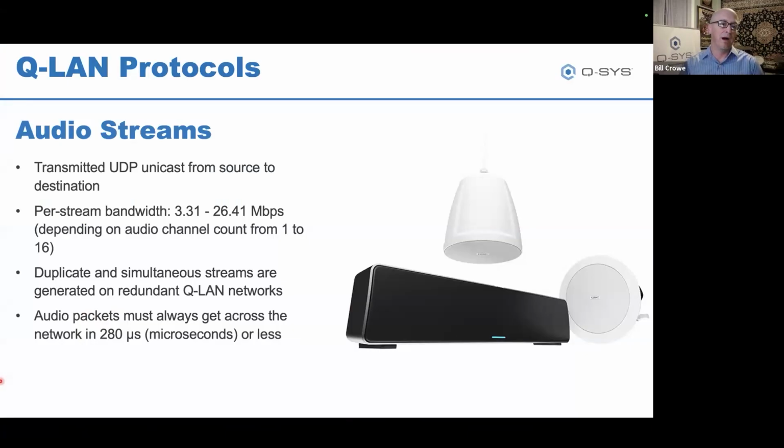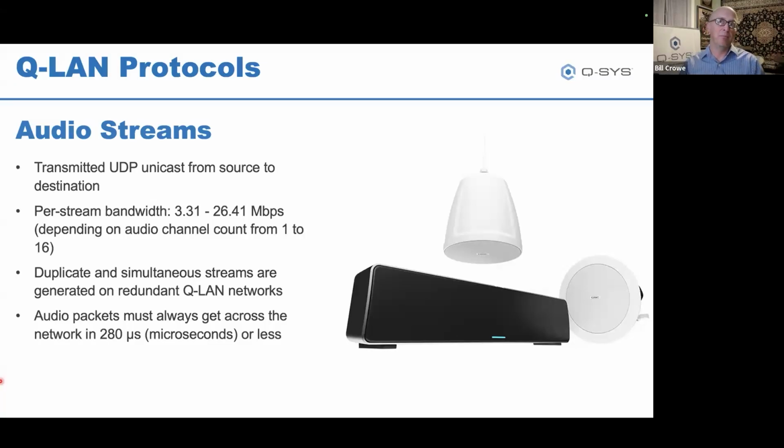One thing to keep in mind is that if you are doing redundant networking, that core processor has to create identical duplicate streams on both the primary and the backup network. So please keep that in mind if you are ever specifying your core model and needing to figure out which model can handle that particular number of network I/O channels, because each one of our core models has a specific limit as to how many of those network audio channels it can handle.